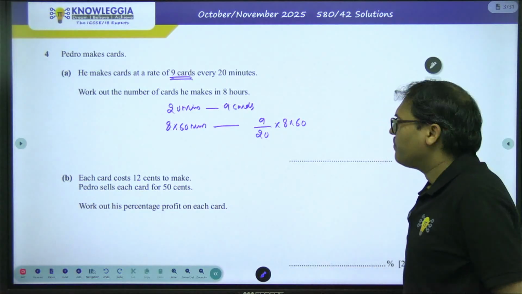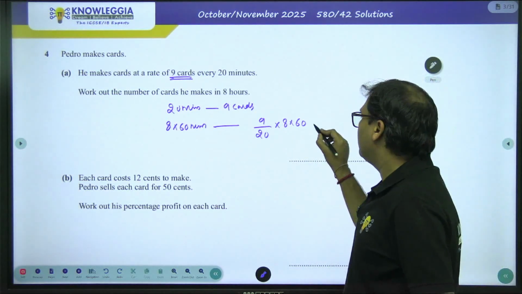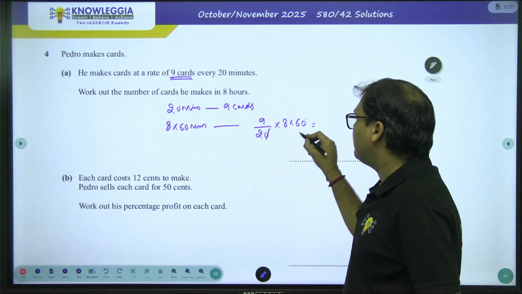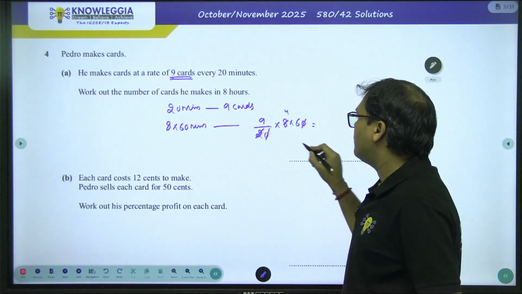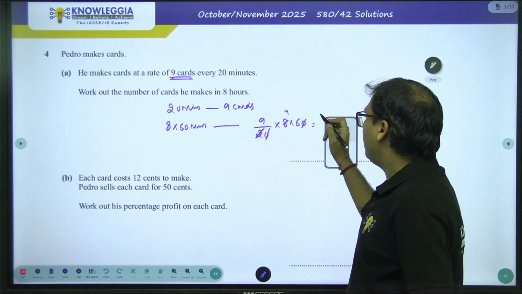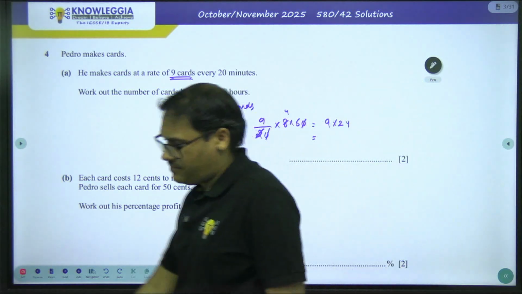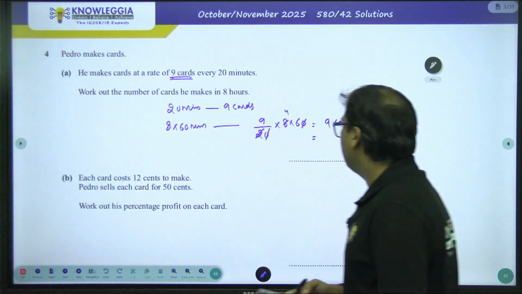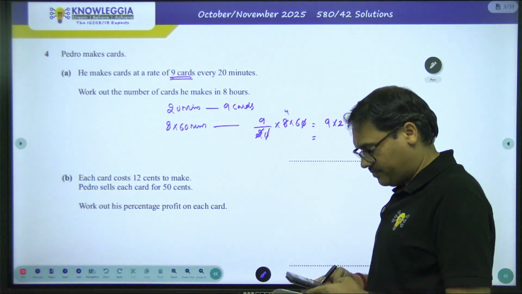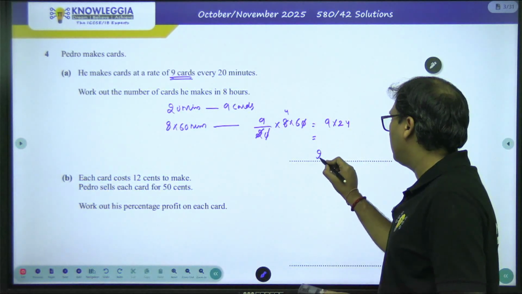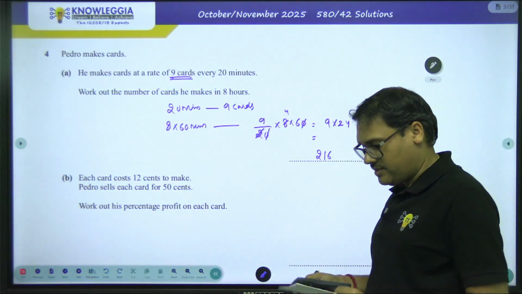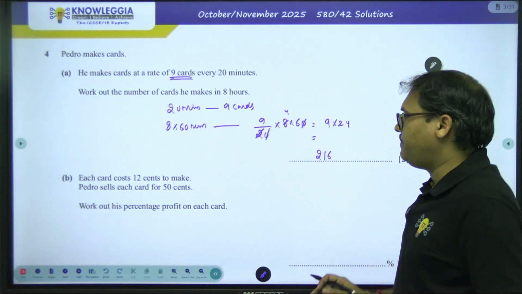I hope this is clear, right? If I do the calculation, this is cancelled, this is 4, so this is 30. 9 into 24, which I will check on the calculator. This is the calculator paper, so you can quickly see the answer. This is 216. So 216 is the correct answer.